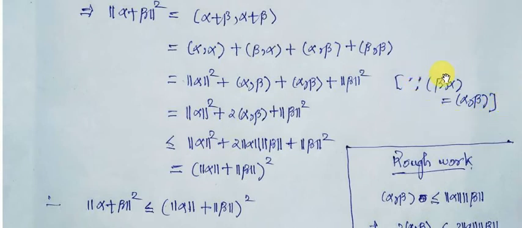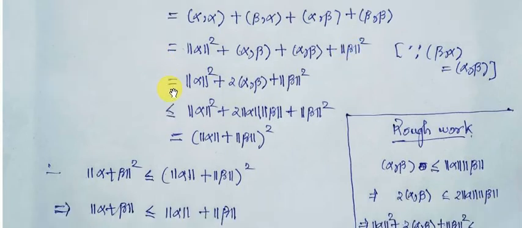So in place of beta comma alpha we have written alpha comma beta, and beta comma beta is obviously equal, according to the definition, to norm beta square. So this is equal to norm alpha square plus 2 alpha comma beta plus norm beta square.